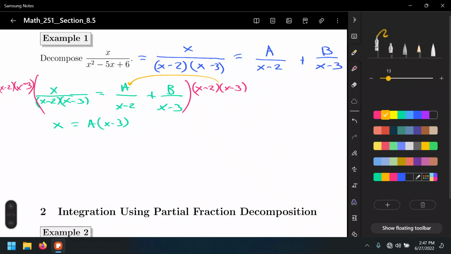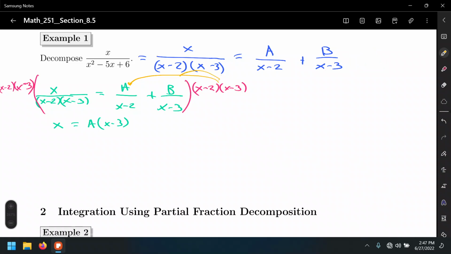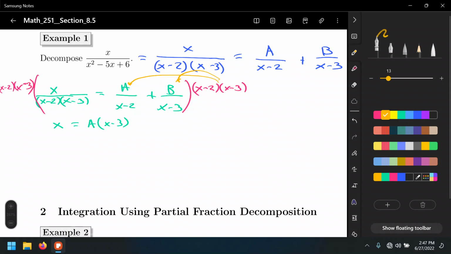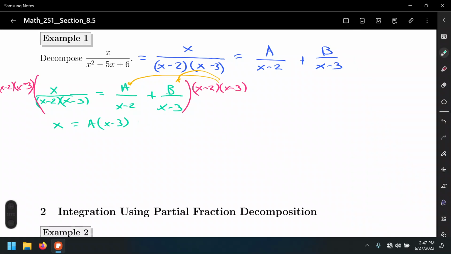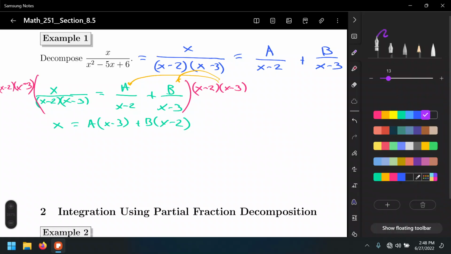Using the same approach, distribute over the second term. See how the x minus 3's get canceled, leaving us with b times x minus 2. And this equation is a lot simpler, and this is what we usually call our basic equation.